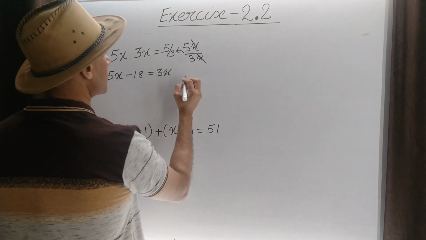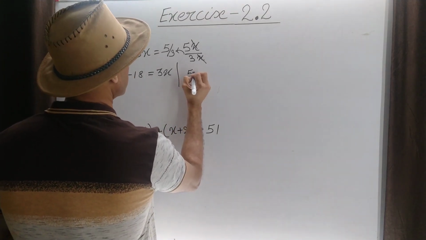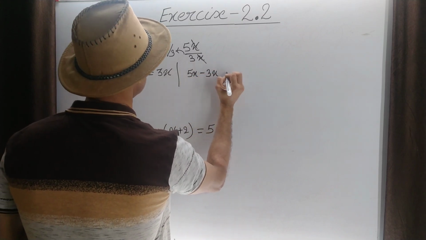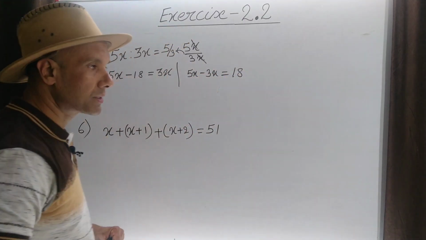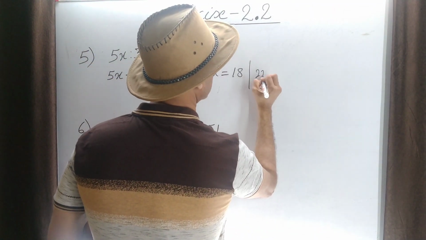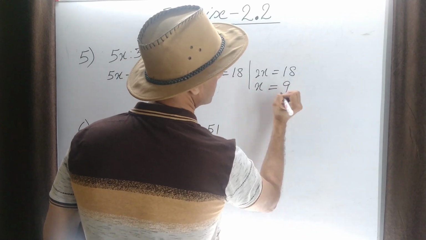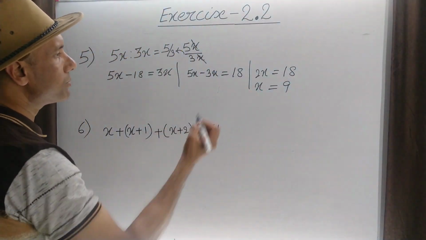Let's solve this. We get 5x minus 3x is equal to 18, correct? And we get 2x is equal to 18 and x is equal to 9. So what are the numbers?